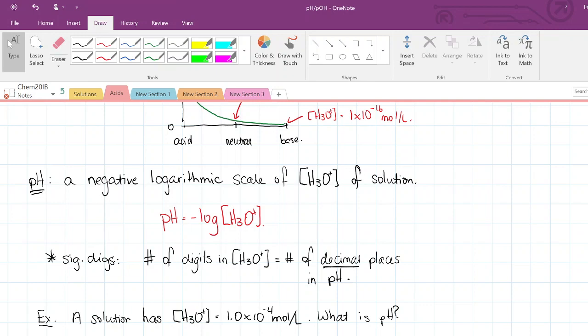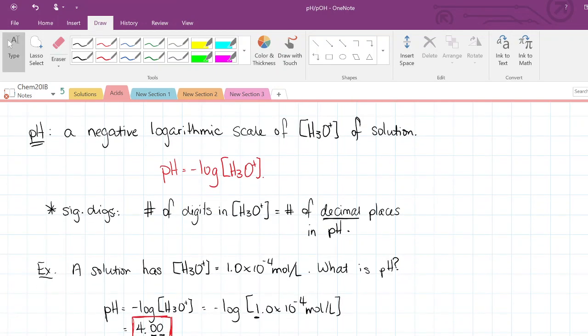And so this formula, pH equals negative log of the hydronium ion concentration, is something you need to remember. It will not be on your tests. It's something that you have to remember. Okay. And the other thing that you have to be aware of is that pH, unfortunately or fortunately, now that you're finally getting your head wrapped around significant digits, actually carries its own significant digit rules that take a little bit of getting used to.